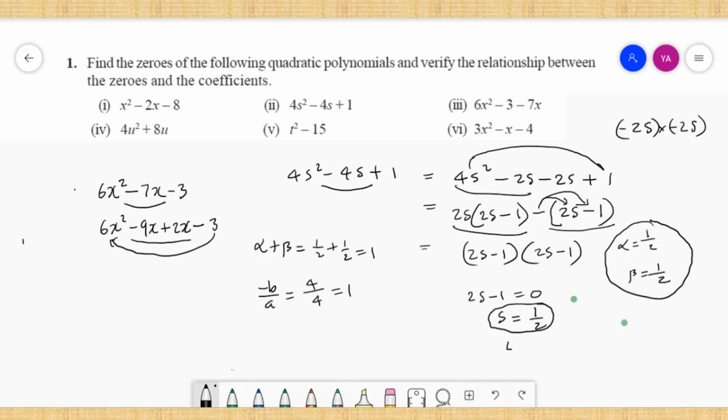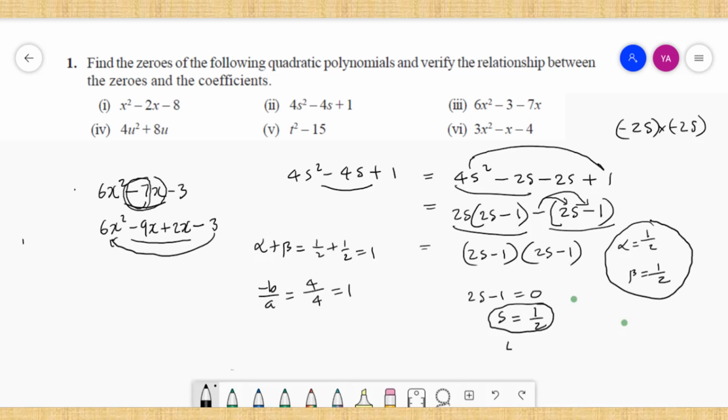Sir, is there any easy method to split the numbers? Yes. You can think only about the coefficients; no need to look at the x terms.